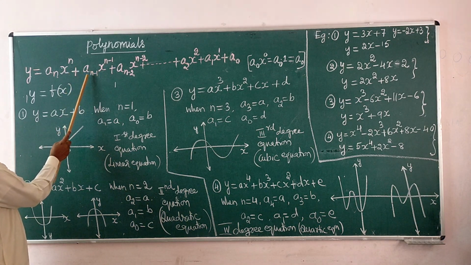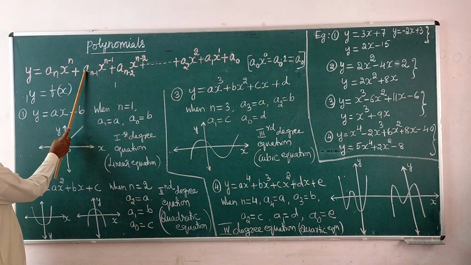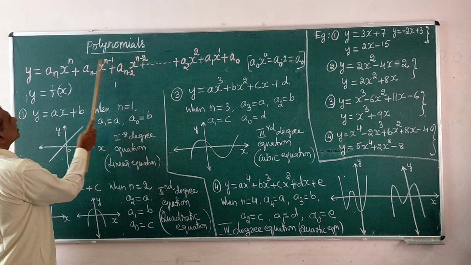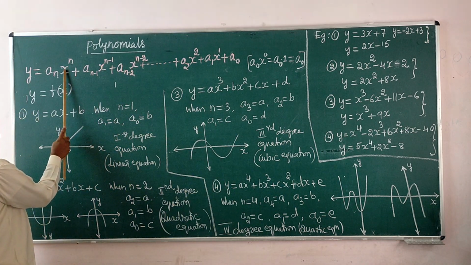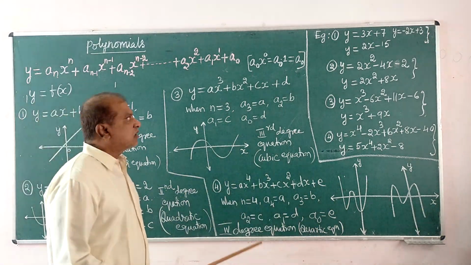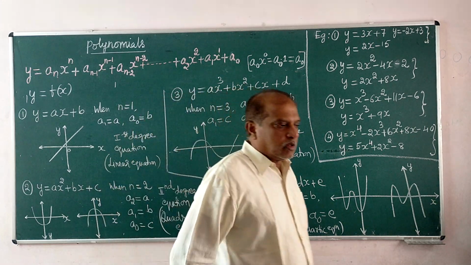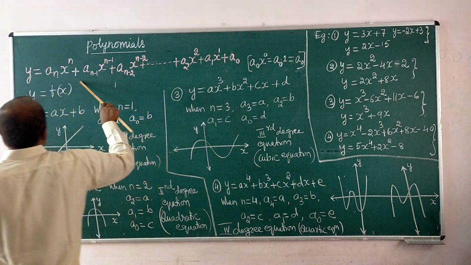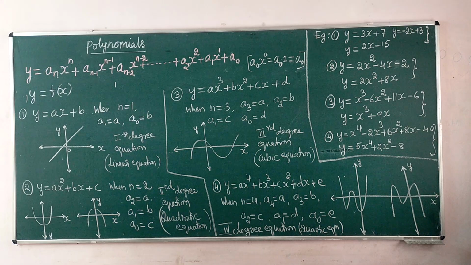This is a real value. They are called coefficients, the coefficients of the variables. And these are the exponents of the same variable x, different exponents of the same variable. So they are known as polynomials or algebraic equations and degrees.